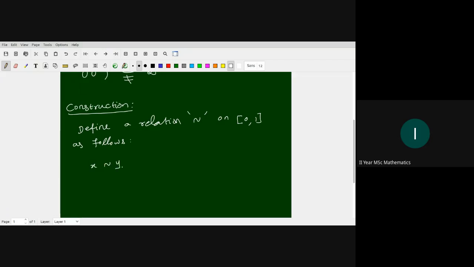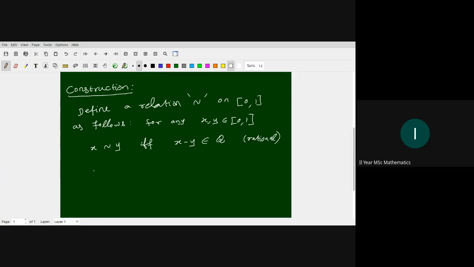For any x, y in [0, 1], we say that x is related to y if and only if x minus y is rational. If the difference is rational, then x is related to y.